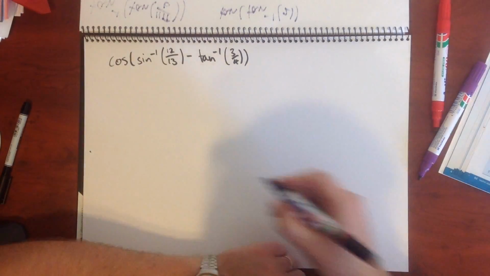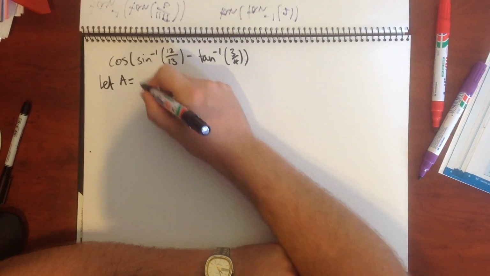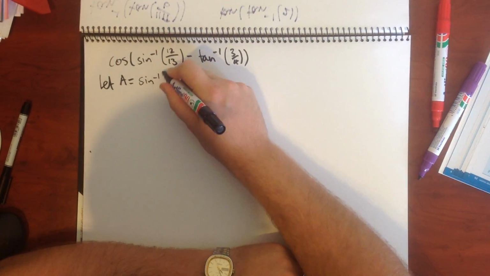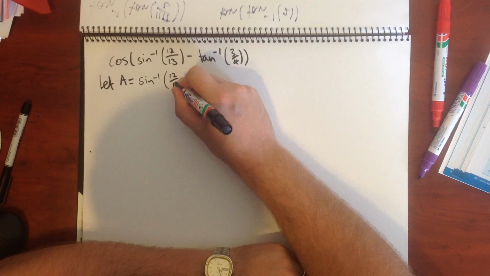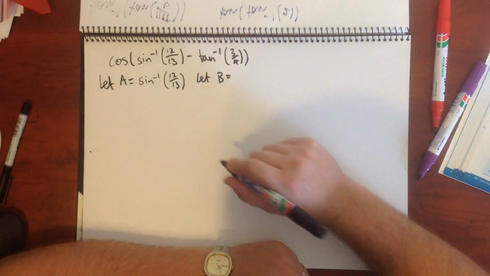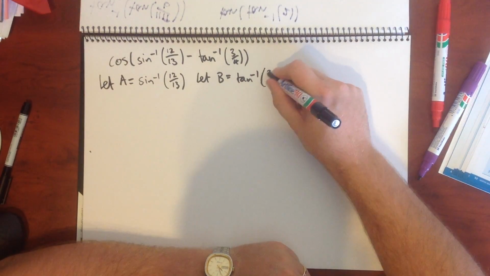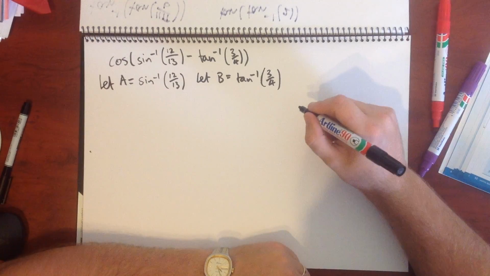So we're going to let A equal this first bit, and let B equal our second bit, our inverse tan of 3 on 4.